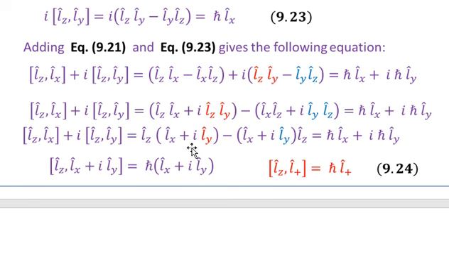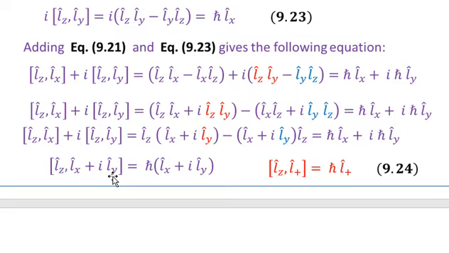So I can write this whole longer term as a commutator of Lz and Lx plus iota Ly. And on the right hand side I have h bar times Lx plus iota Ly.